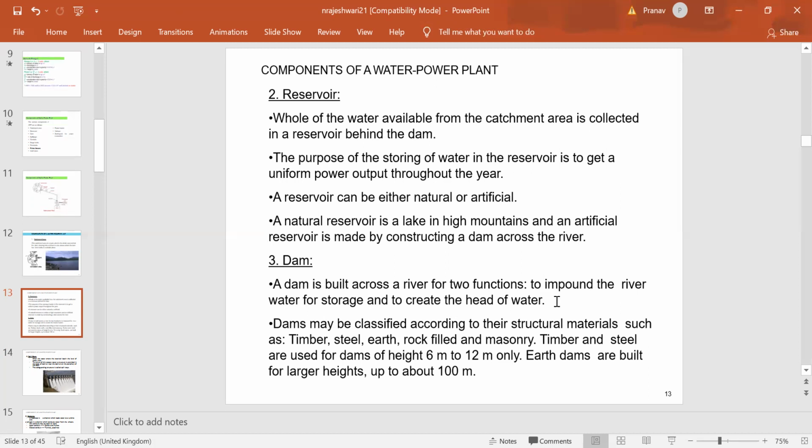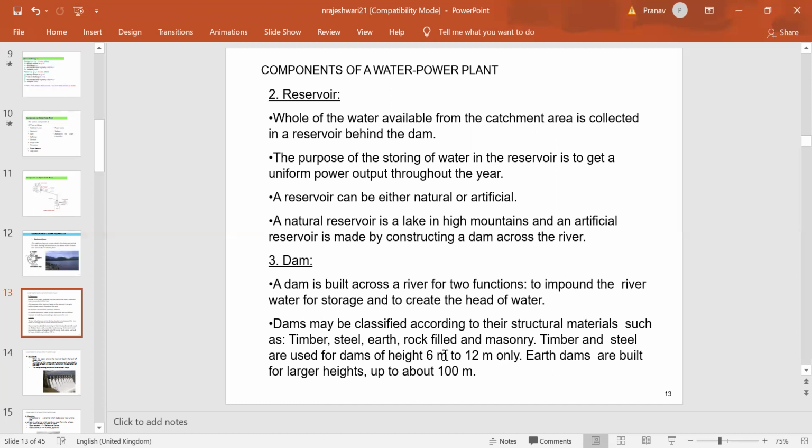Dams may be classified according to their structural materials such as timber, steel, earth, rock fill, or masonry. Timber and steel are used for dams of head 6 meters to 12 meters only.